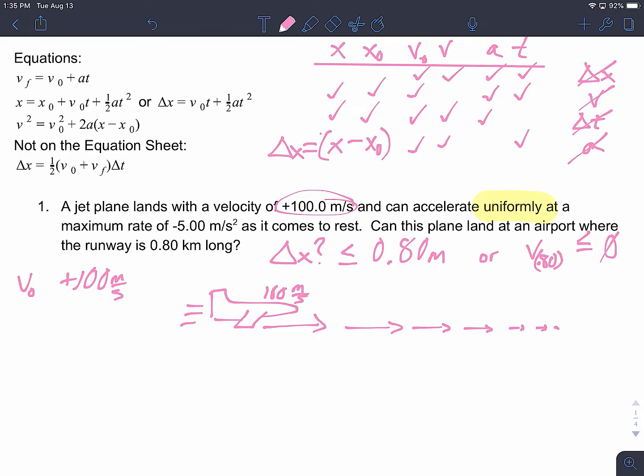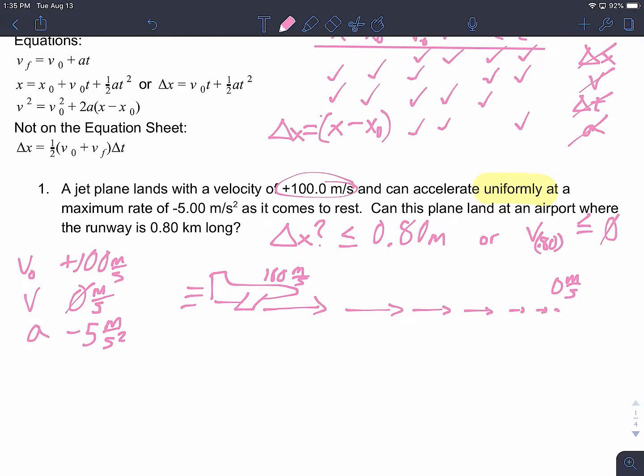If it comes to a stop, that tells us our final velocity is 0 meters per second. We know the acceleration is -5 meters per second squared. And we're checking to see if the distance is less than 0.8 or equal to. We do not have the time here. So no time, sad face.